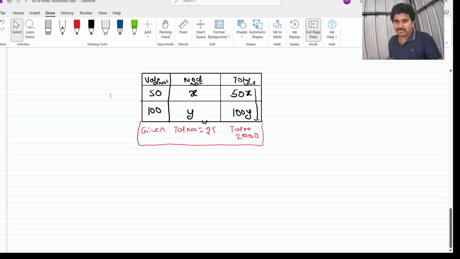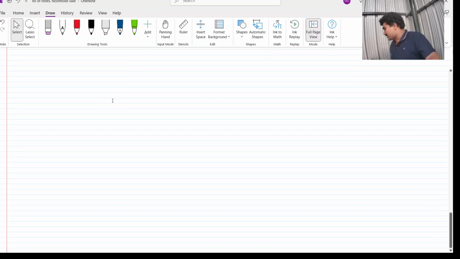Now, next model of question we will do. Very important question: the lending library question, also known as the fixed cost, variable cost question. What is this? Fixed cost, variable cost.